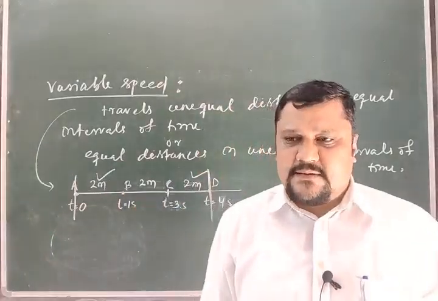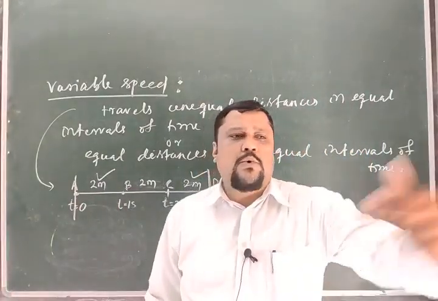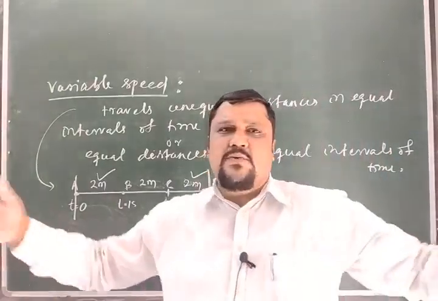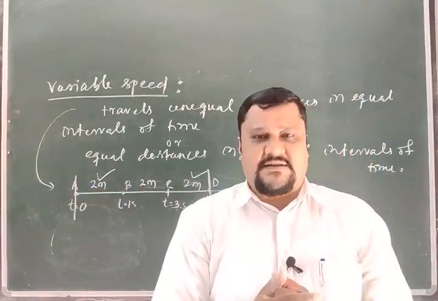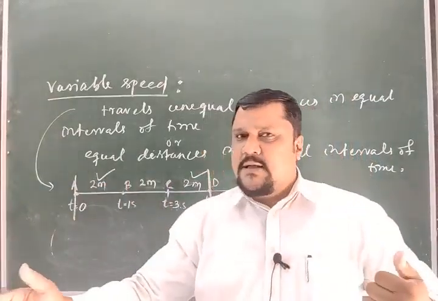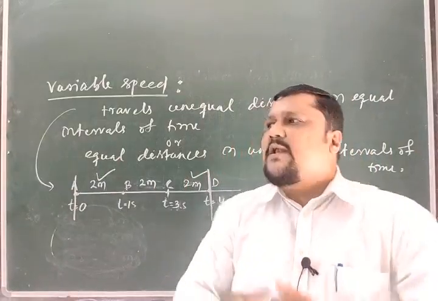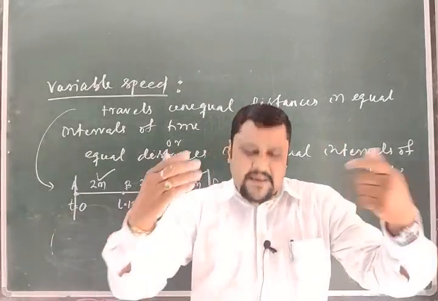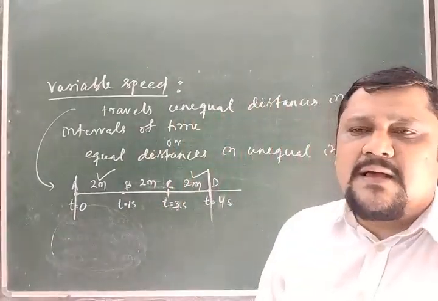Suppose you travel for 3 hours from your home to a nearby tourist place. During these 3 hours, obviously your speed is not uniform. You are traveling by a bike or in a bus, and the bus is not moving with a uniform speed throughout the path.